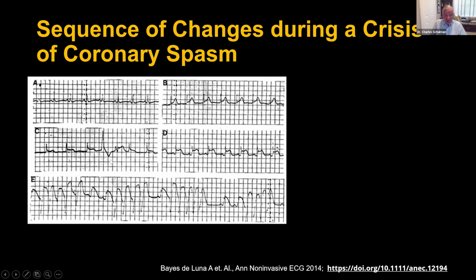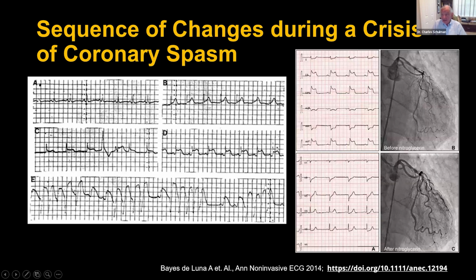You see the ST segments going up, and then these nasty looking ventricular arrhythmias. This is rather diffuse coronary vasospasm on a coronary angiogram before and after nitroglycerin, showing relief with nitroglycerin.